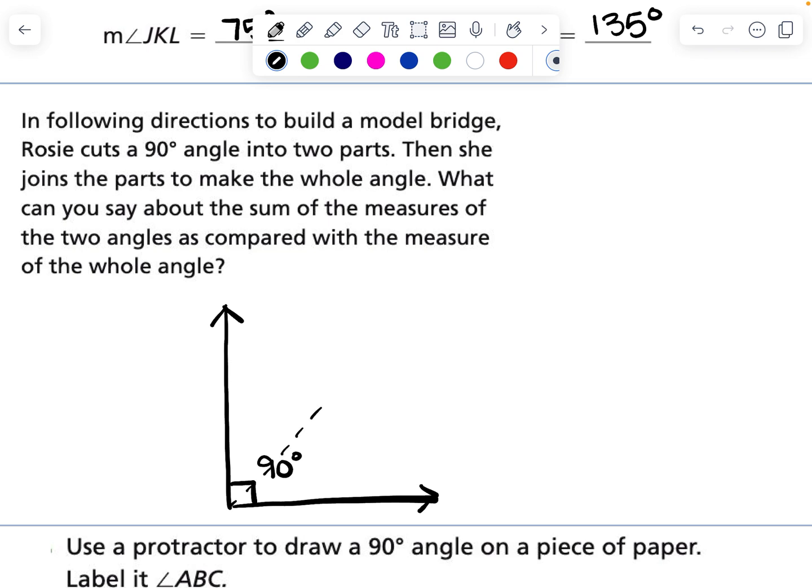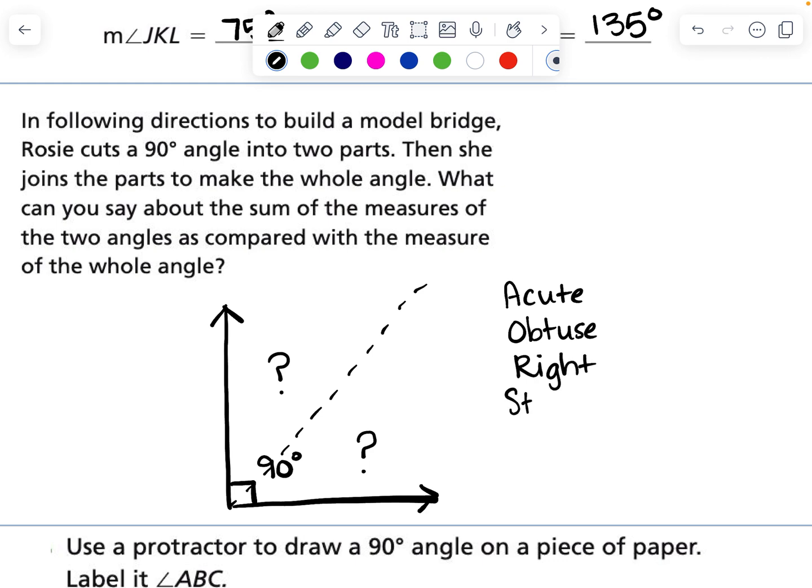If Rosie joins two angles together that make a right angle, what kinds of angles would those two be? We talked about three types of angles as we classified. Are they acute, obtuse, right, straight, or reflex?